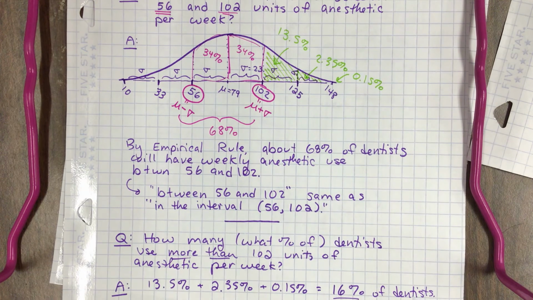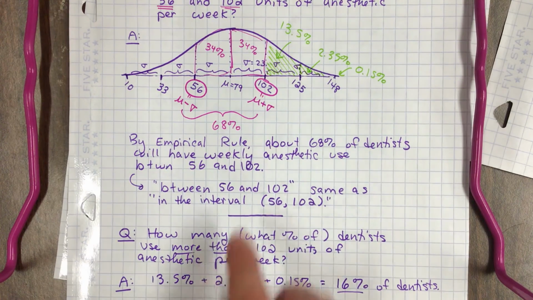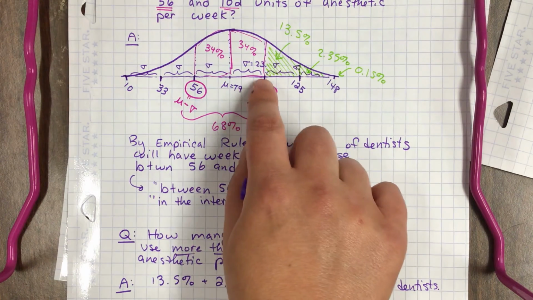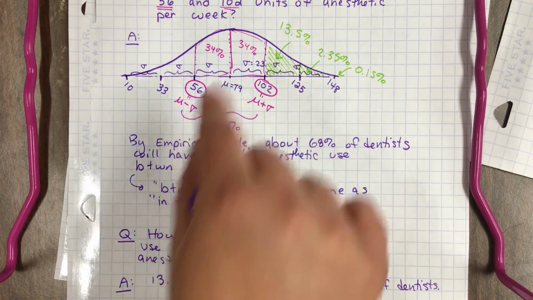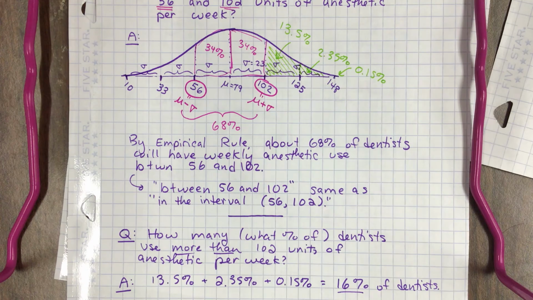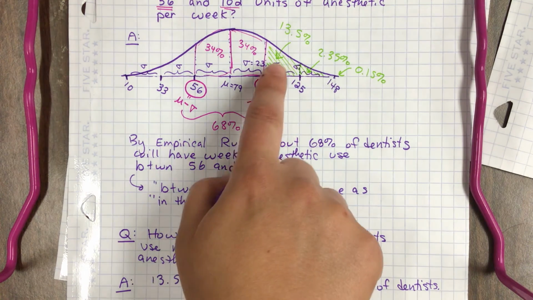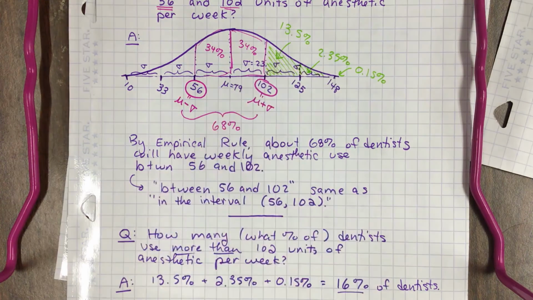So you can use the same logic on problems 4 and 5 of the worksheet. Figure out what kind of area under the graph represents the particular values that you're looking for, and then add up all of the areas that correspond to those values. Good luck, and I'm looking forward to seeing you Friday.